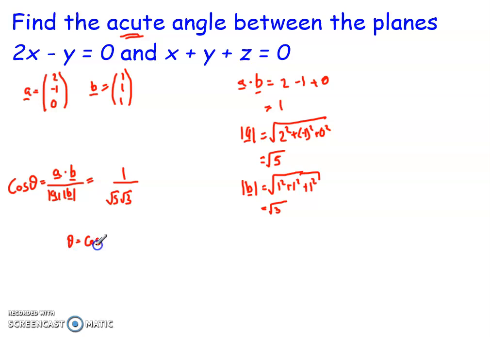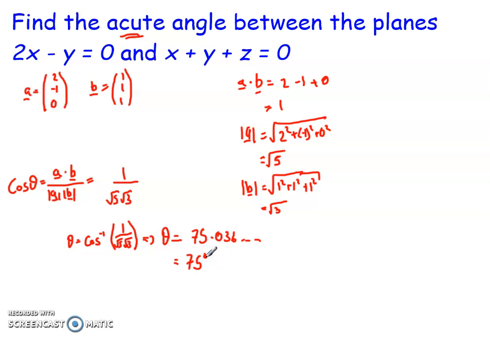From that, theta is equal to cos minus 1 of 1 over root 5 root 3. And if I do that and calculate through, what I end up getting is that theta is equal to 75.036, so it's equal to 75 degrees.